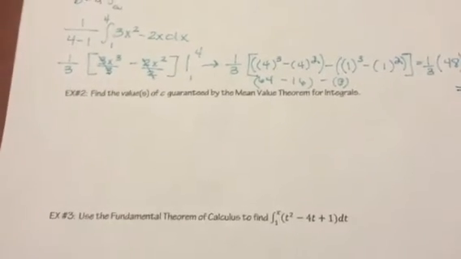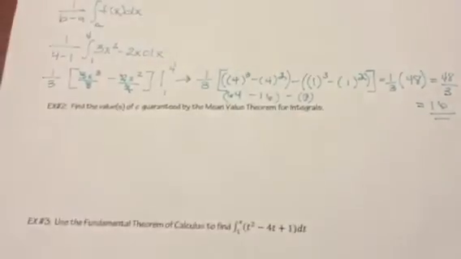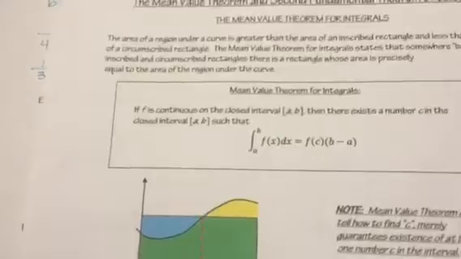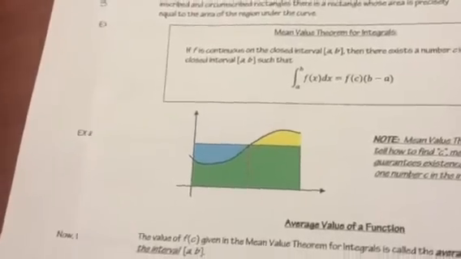Example 2 says, find the values of c guaranteed by the mean value theorem for integrals using this same function. If you recall, that mean value theorem for integrals is what we're going to use right here. So essentially we've done all the work already.